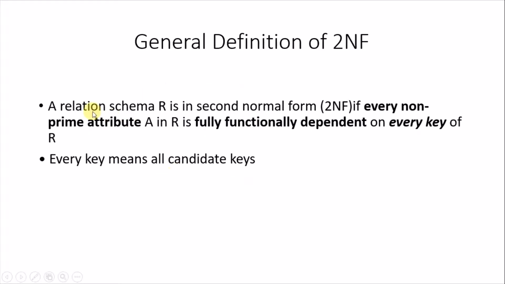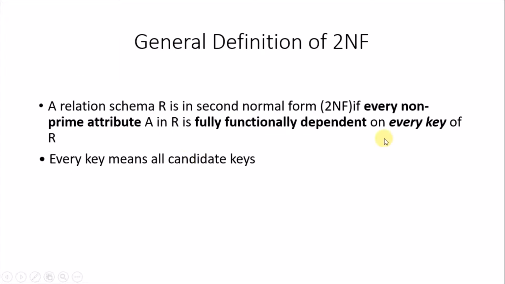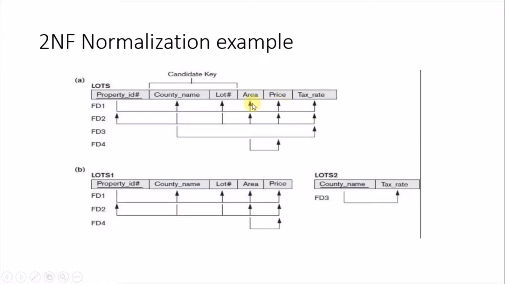They must be fully functionally dependent on every key of R. So area, price, and tax rate depend on county name and lot number, or they depend on property ID number.